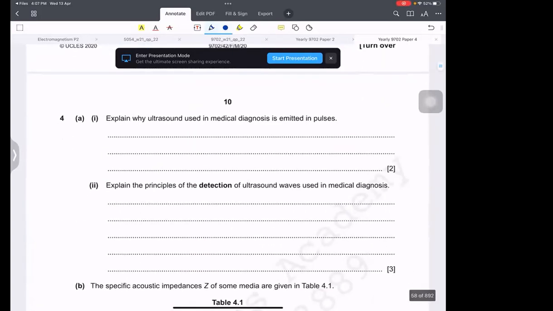Now, then 4a. So 4a is basically why ultrasound used in medical diagnostic is emitted in pulses.